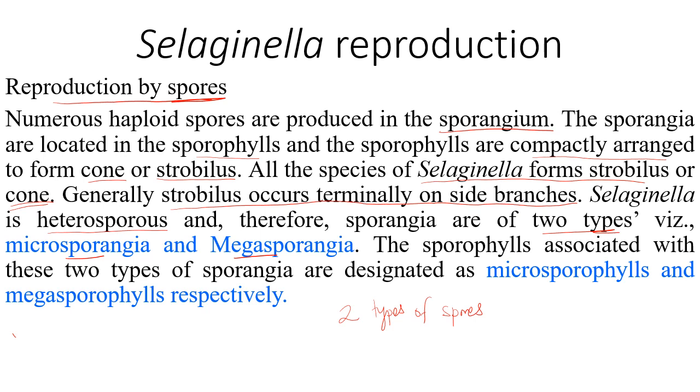Microsporangia are male reproductive structures and megasporangia are female reproductive structures. The sporophylls associated with two types of sporangia are designated as microsporophylls and megasporophylls respectively. So, within the microsporophyll, microspores will be there, and within the megasporophylls, megaspores will be there.